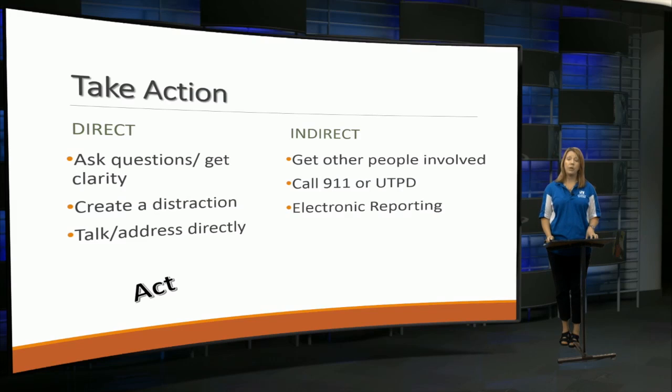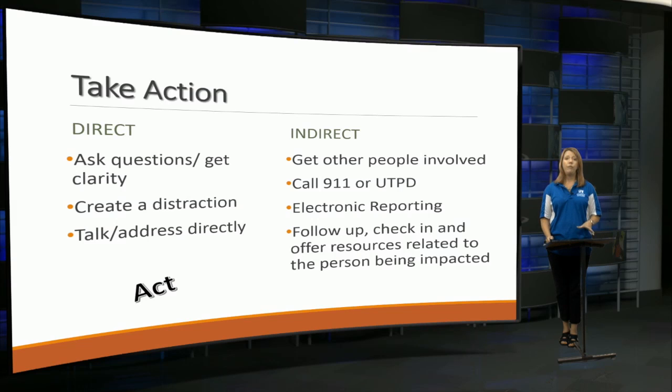There's also electronic reporting options, both for issues related to interpersonal violence, Title IX, as well as students who may have some concerning behaviors. And then following up, making sure that that person is okay, checking in and offering resources. Making sure that you're following up with that person is really a good way to make sure that we're caring about our fellow UT Tyler students.